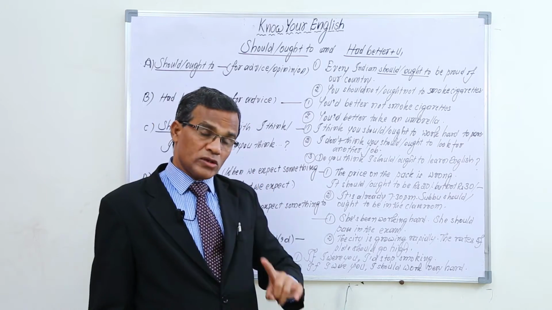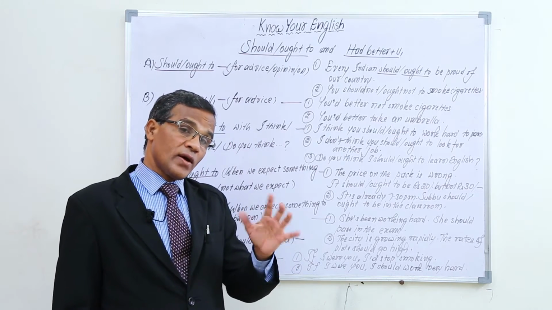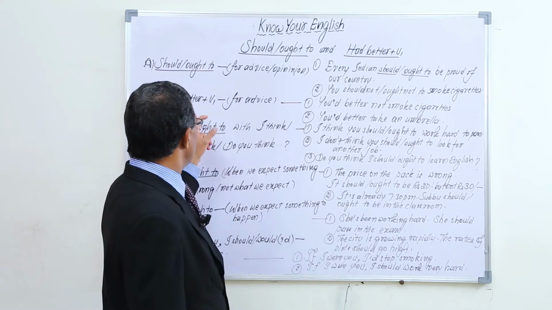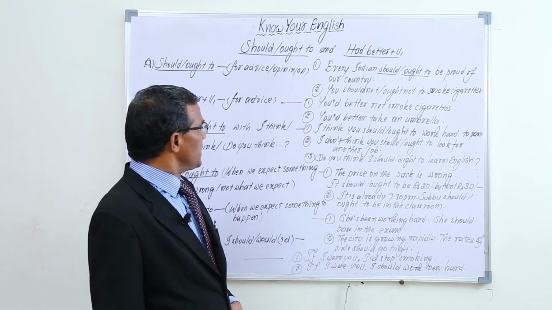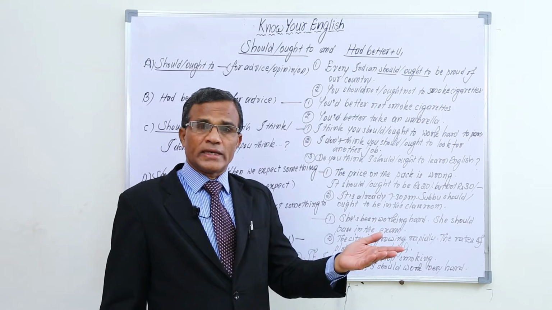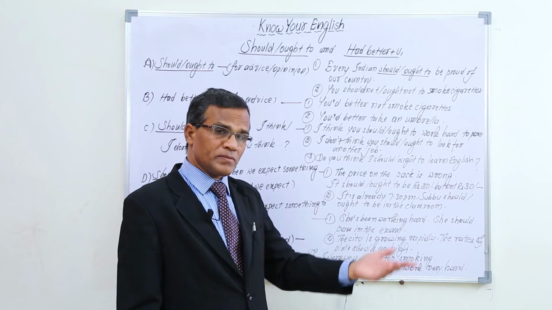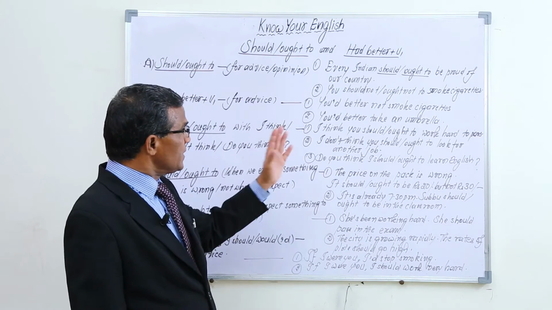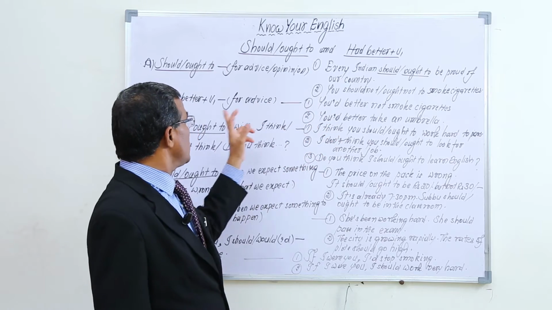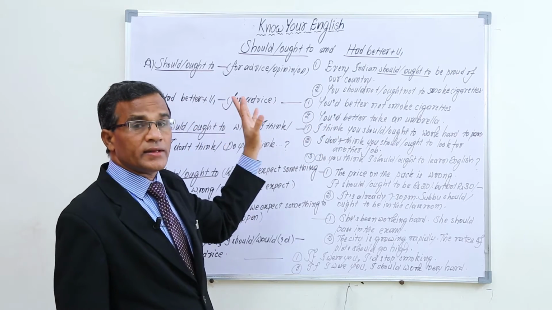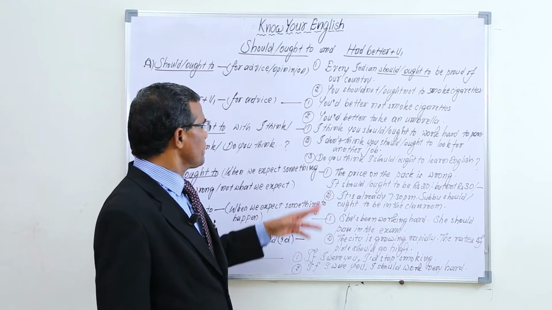So that should be a particular situation, and only when there is a chance for danger or a problem do we have to use had better plus V1. So you'd better not smoke cigarettes means if you smoke cigarettes, something will happen to you. You may be affected by cancer or something. So when we hint at some problem or any danger only, we have to use had better, and that too for a particular situation, not a general situation.